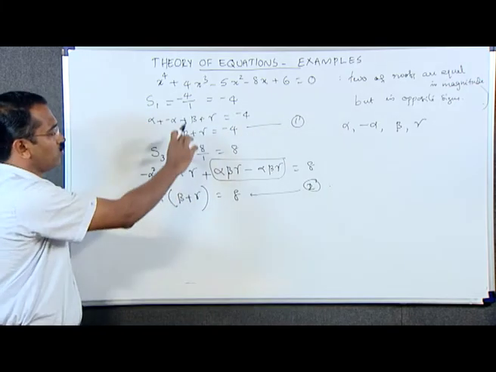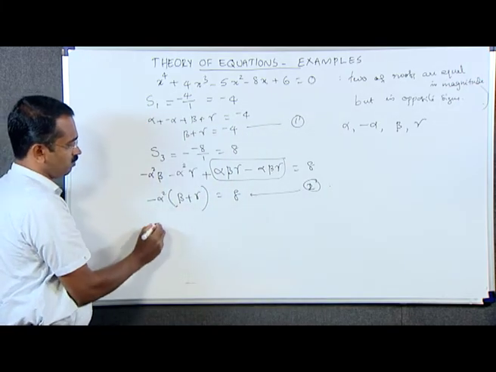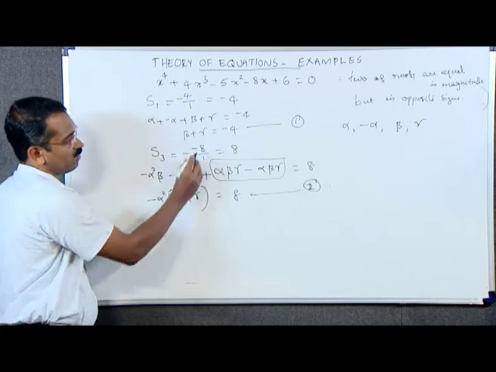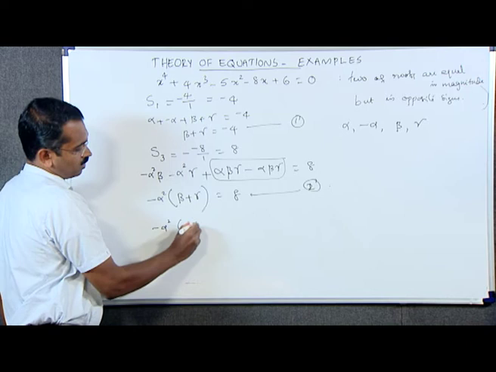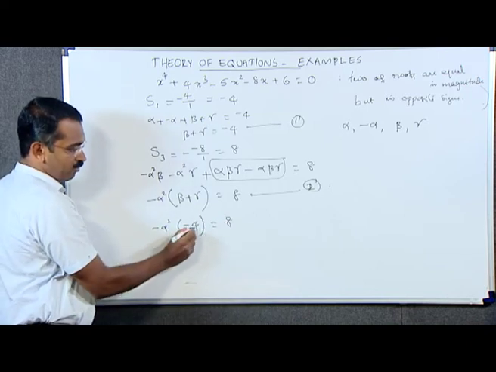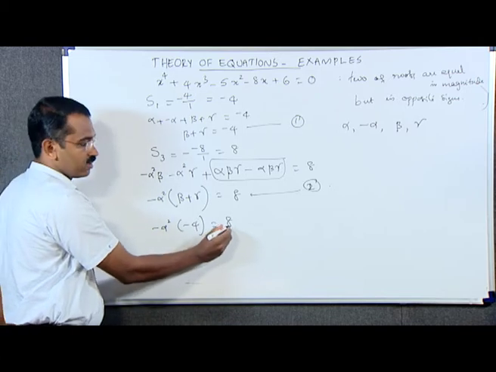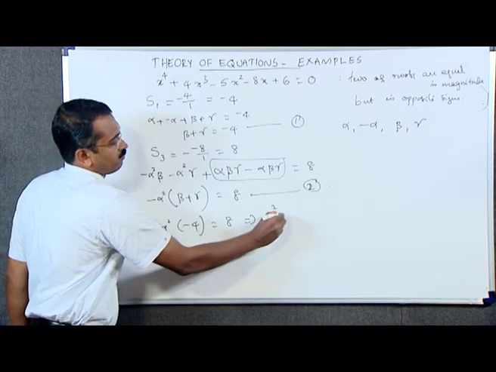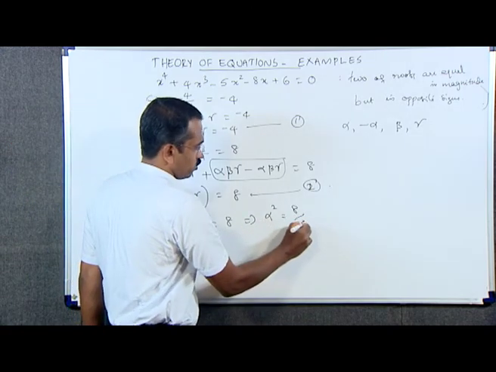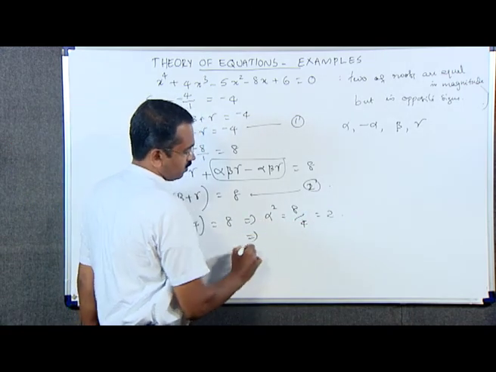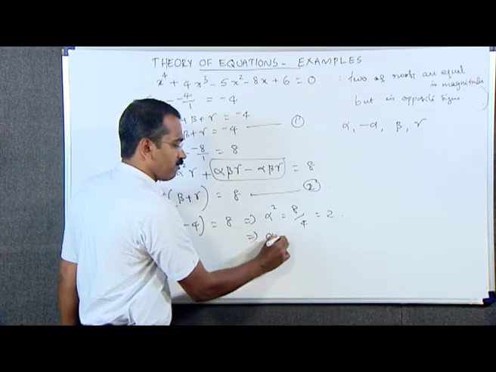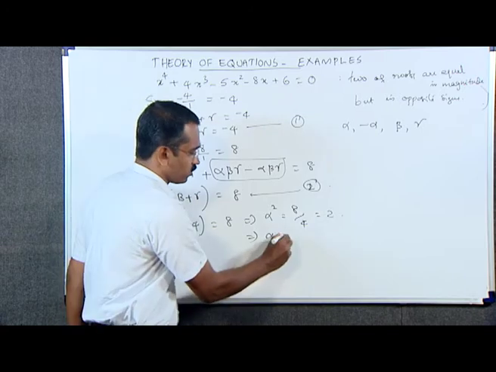From equations 1 and 2, we can write minus alpha square into beta plus gamma, that is minus 4 into minus 4, is equal to 8, or 4 alpha square is equal to 8. This gives alpha square is equal to 8 by 4, that is 2, which means alpha is equal to plus or minus root 2.